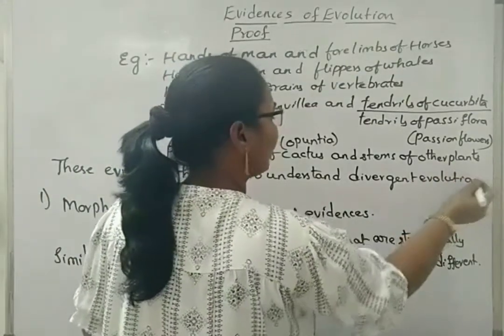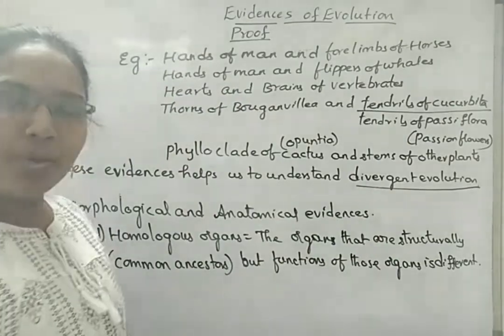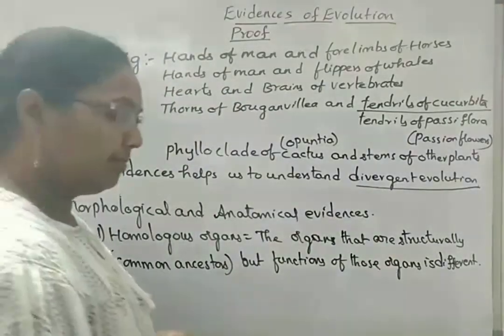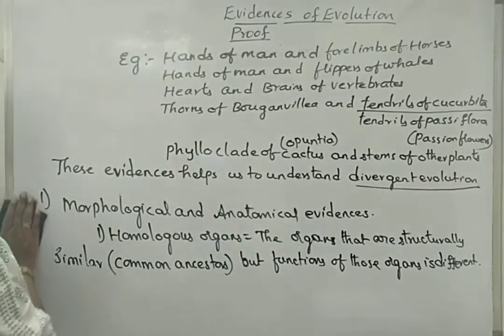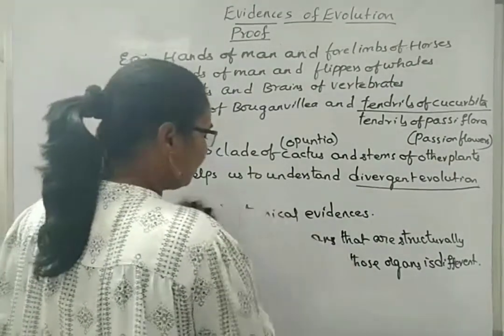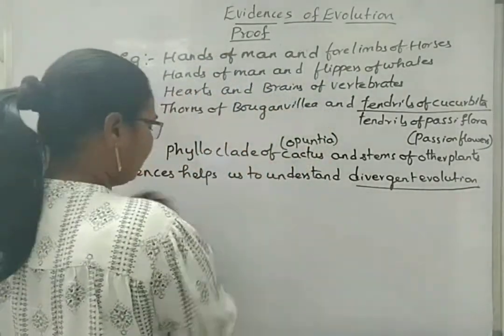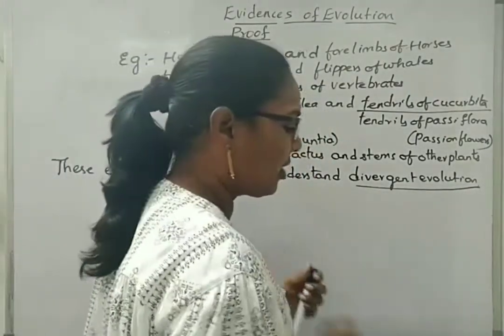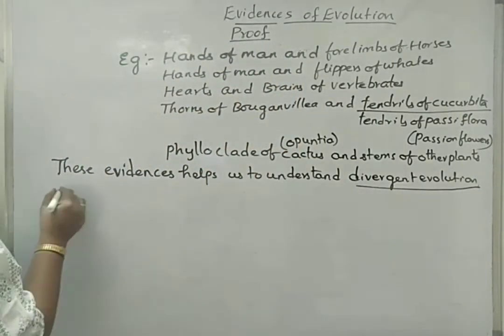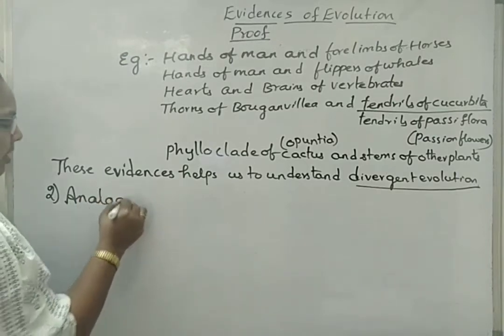We can also say divergent evolution has given rise to homologous organs. Next one, analogous organs. These are structurally different but functionally the same. So second one, analogous organs.